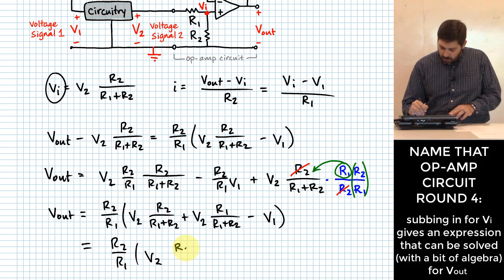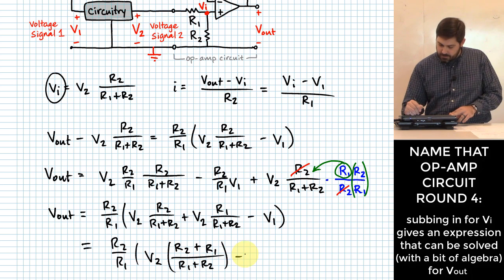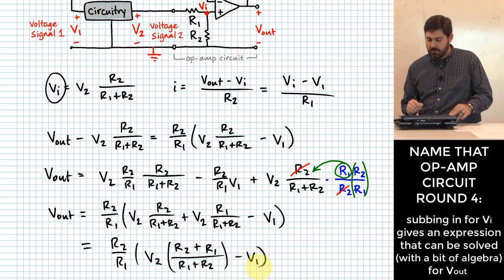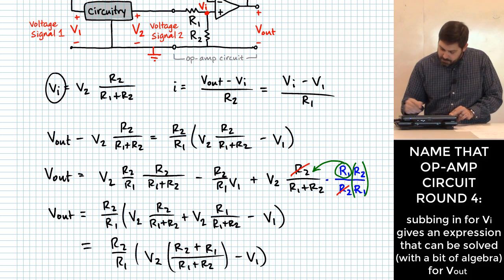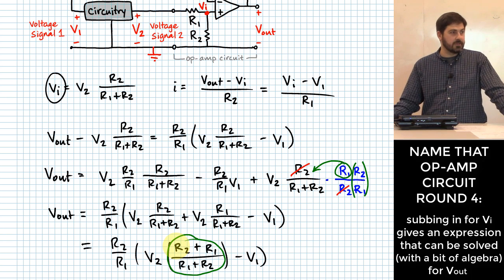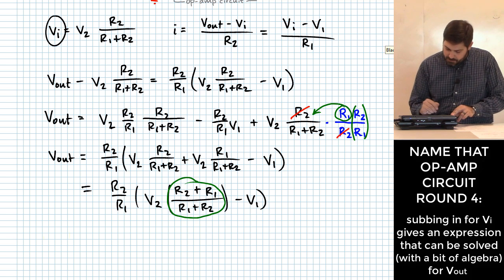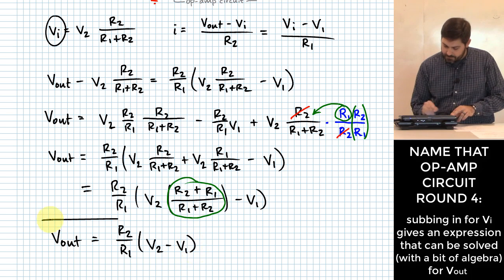They do, which means I can combine these two: R2 plus R1 over R1 plus R2, minus V1. And now that expression right there is another fancy way to write what? The number 1. So that means V out is going to be equal to R2 over R1 times V2 minus V1.